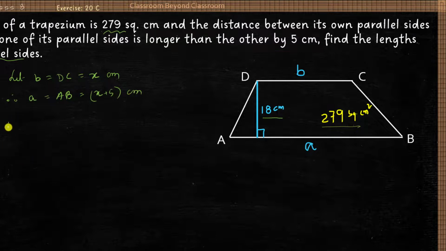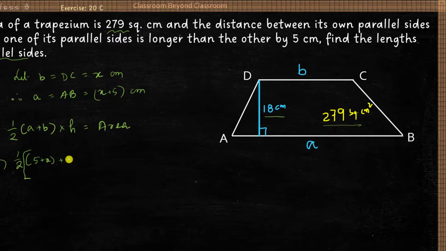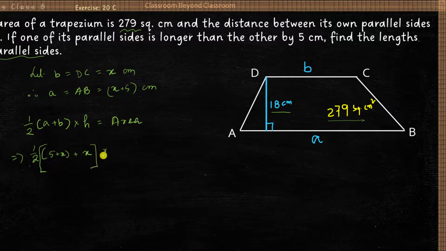The area of the trapezium is half into a plus b, sum of the parallel sides, multiplied by the h, is equal to area. So half of a is equal to 5 plus x, plus b equal to x, into h. It is given 18 centimeter, and area of the trapezium is 279 centimeter square.